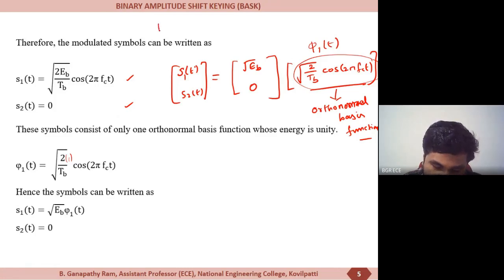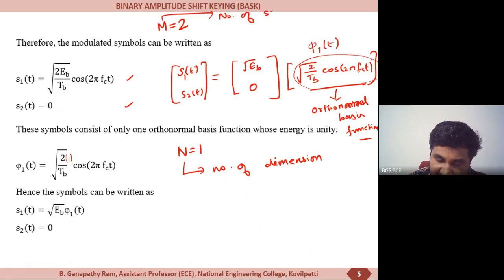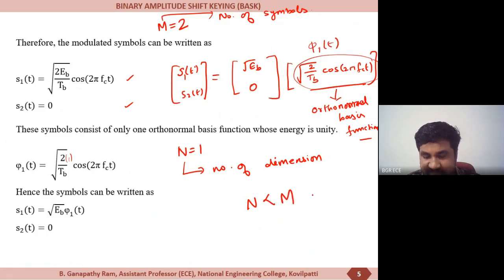Here m is equal to 2 and n is equal to 1, where n is the number of dimensions required and m is the number of symbols. So n should always be less than m in signal space representation.